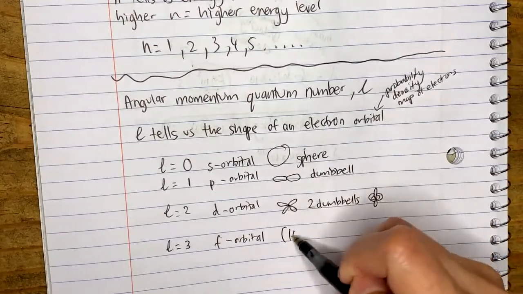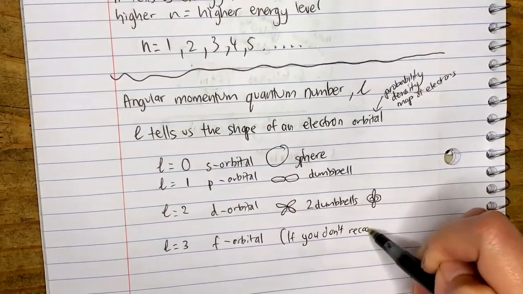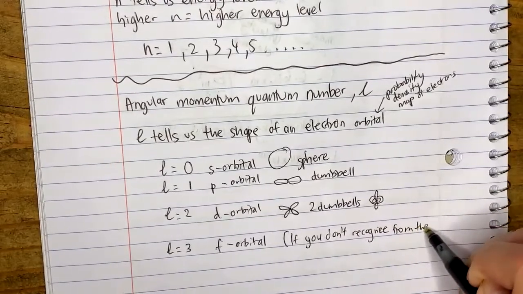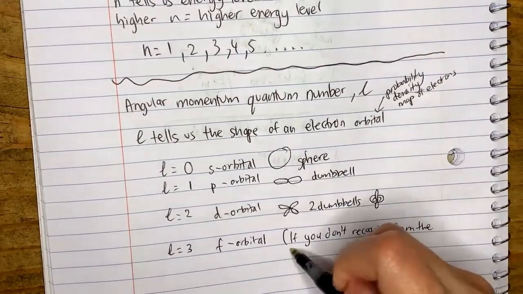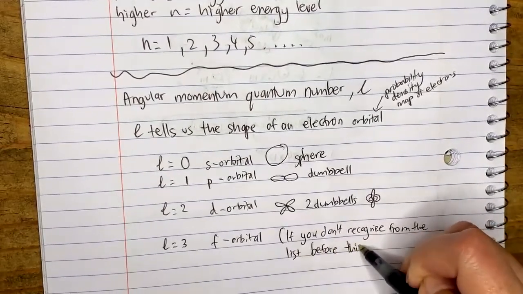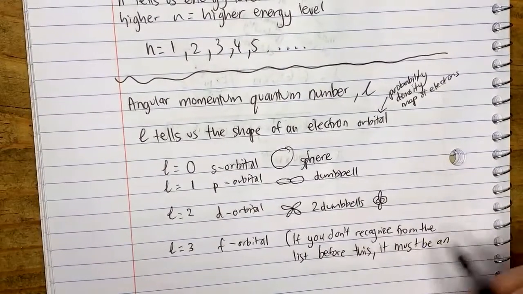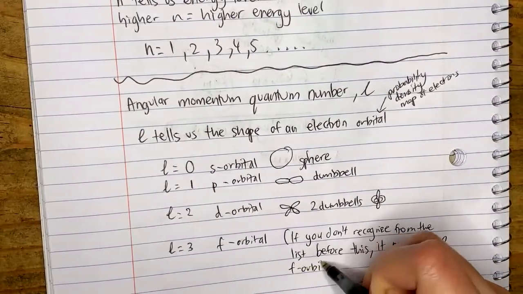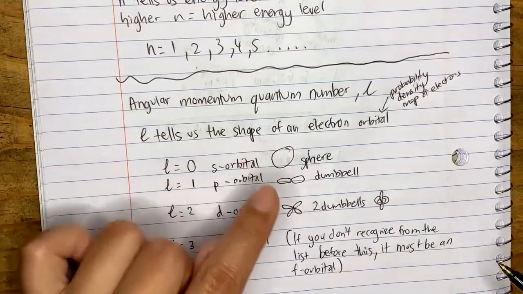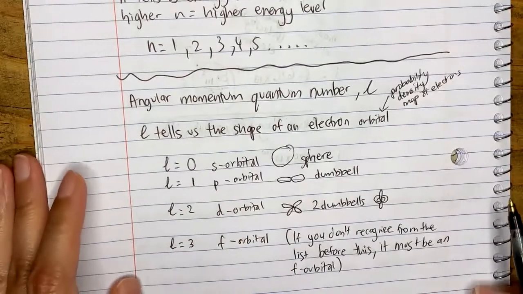If you don't recognize it from the list before this, it must be an F orbital. This is like process of elimination. If it doesn't look like a sphere, a dumbbell, 2 dumbbells, or a dumbbell with a donut ring, then it's an F orbital, okay?